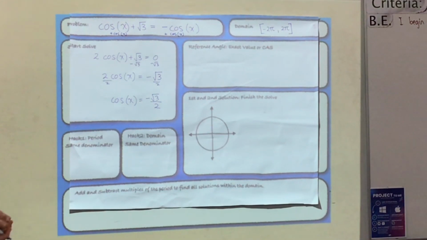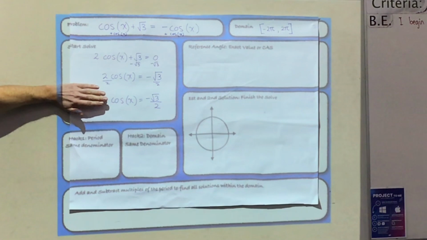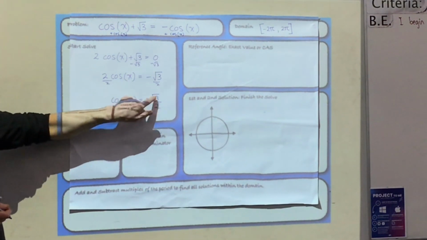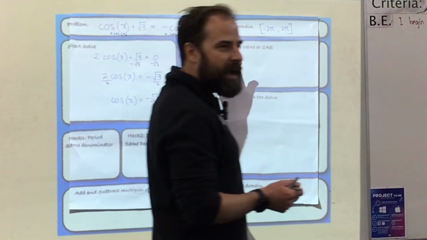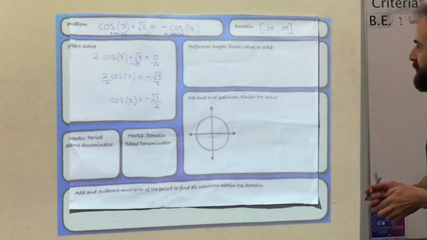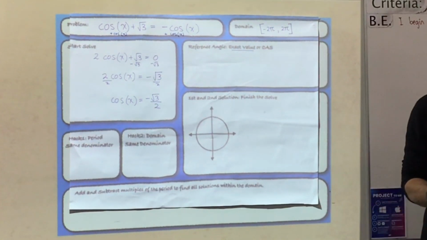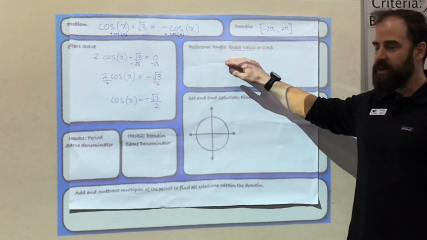Okay, so we've got our simplified equation where it's basically just cos x equals negative root 3 on 2. Next step, we're going to find the reference angle. Where do we get the reference angle from? We get it from our exact values table.